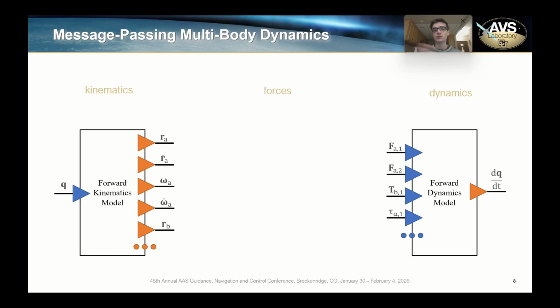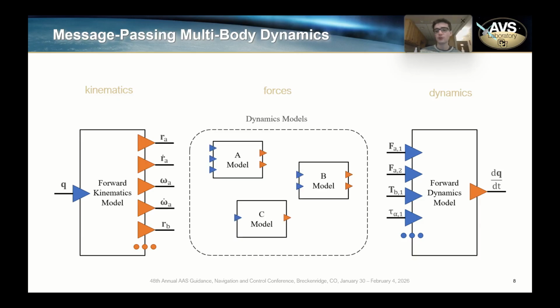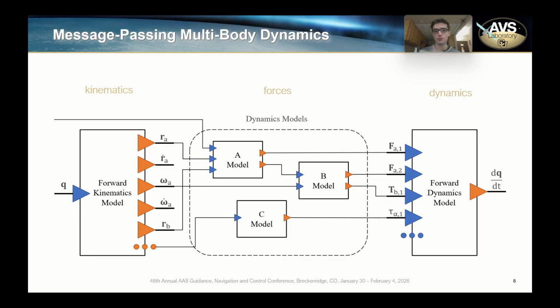What goes inside is unknown to a GN&C engineer, and that's where we're going to leverage the multibody dynamics engine by inputting it inside these models. The forces acting on the spacecraft we define through what we call dynamic models, which are pieces of user-defined mathematics or GN&C algorithms that take well-defined inputs and outputs, and are connected to each other to pass information around.